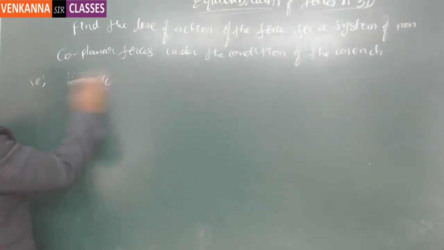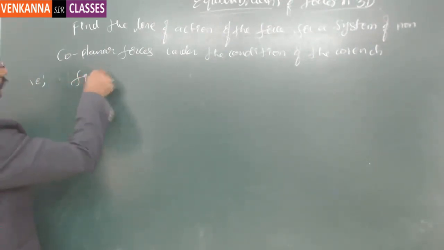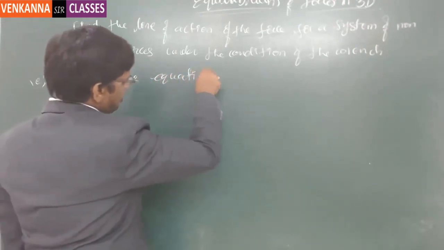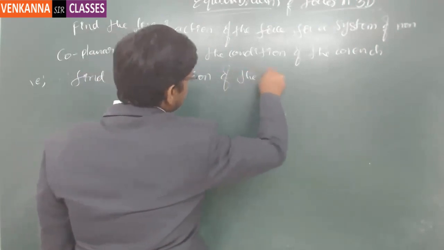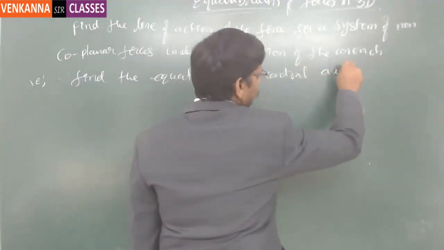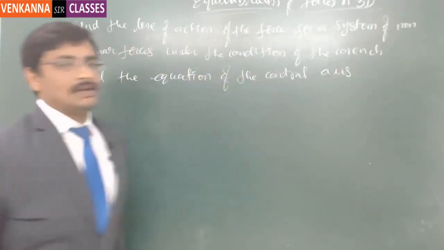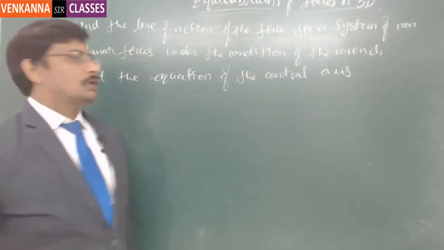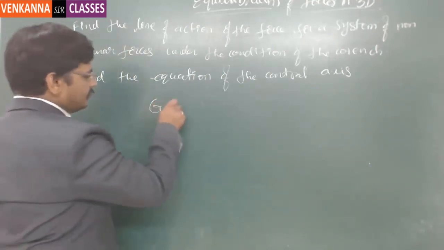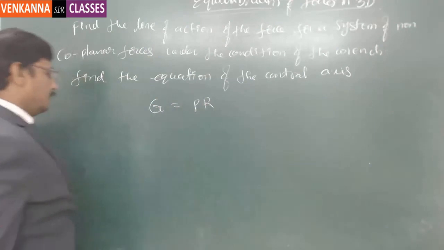That is, find the equation of the central axis. Got it? So now, under the scenario of the wrench, G can be expressed as P times R.